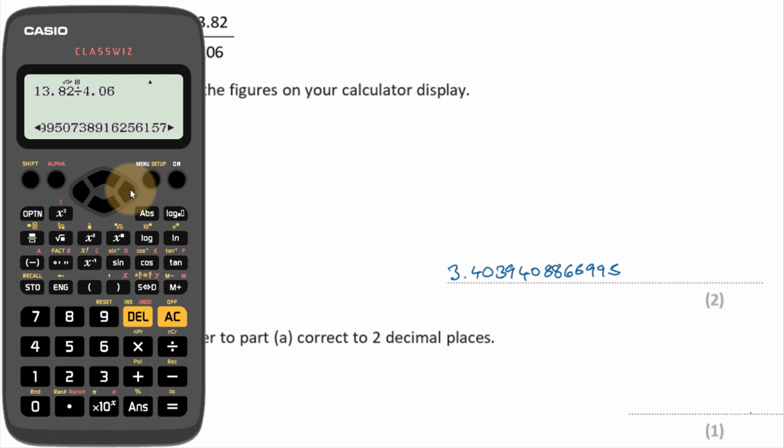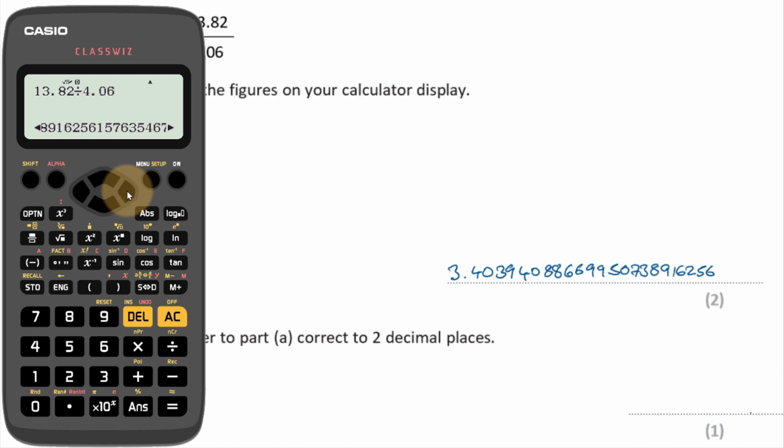Why does my calculator do so many digits? 073891625. They're having a laugh. How long does this thing go for? I didn't realise my calculator had so many digits.